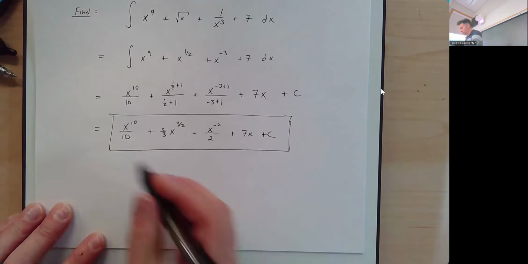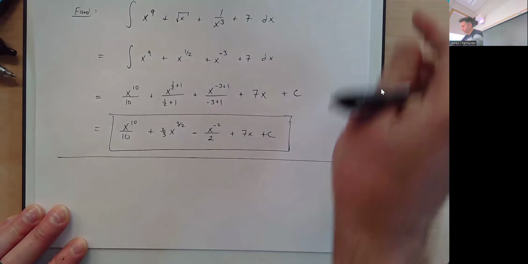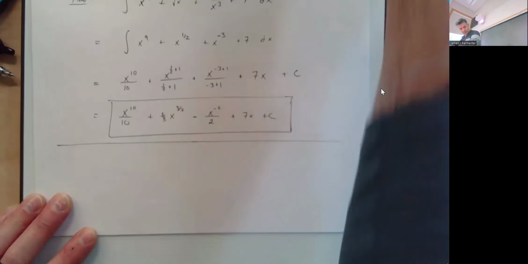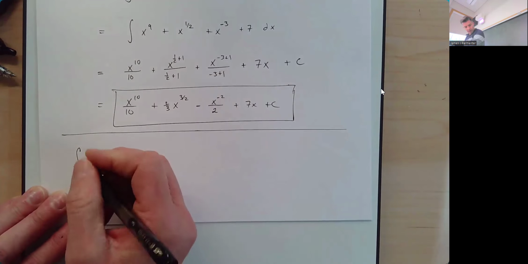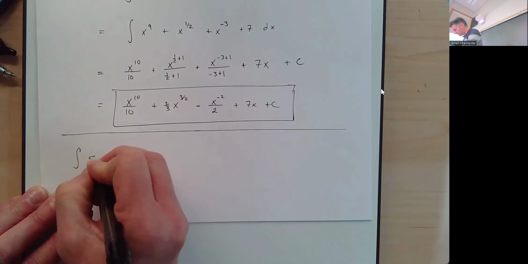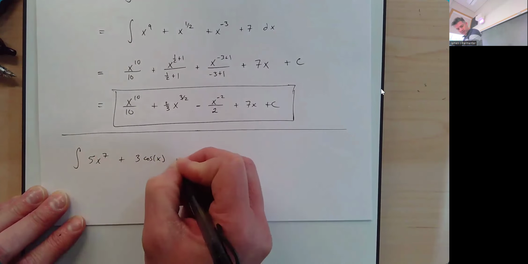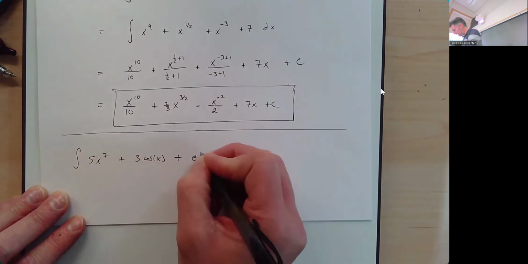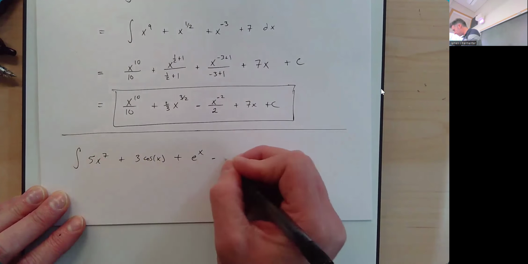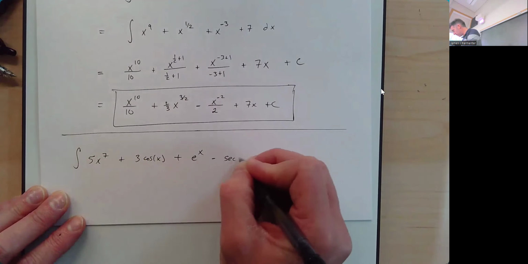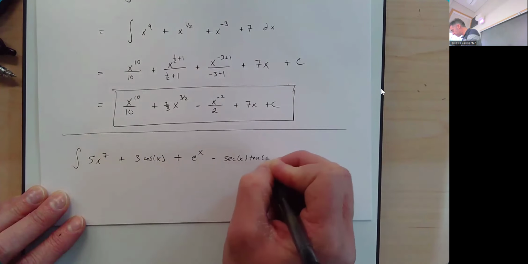Let's do another one. So we want to find the antiderivative of 5x to the 7th plus 3 cosine of x plus e to the x minus secant of x times tangent of x.